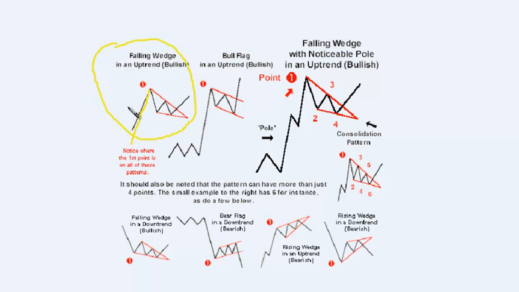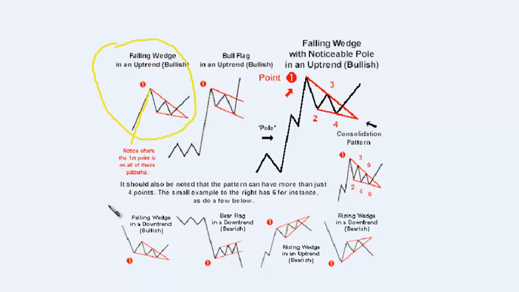So this one is a falling wedge in an uptrend, meaning that the market is continuing to move up. We're just on a nice uptrend. I'm going to give you better examples of that. Any type of wedge pattern pullback is typically bullish. So this is a wedge pattern pullback that's in an uptrend, basically.